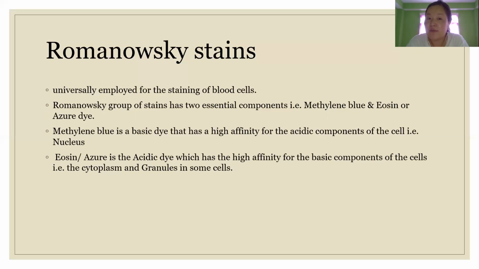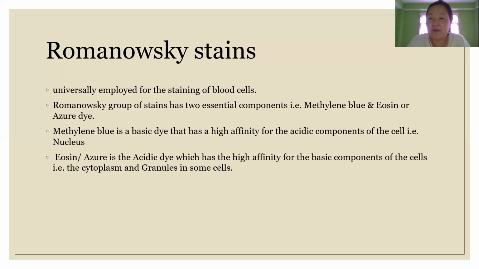This basic dye will stain the acidic component of a cell, that is the nucleus. The nucleus is an acidic component, and it can be stained by the basic dye, methylene blue. Similarly, eosin, which is an acidic dye, has a very high affinity towards the basic component of the cell, which is the cytoplasm or the granules in some cells.